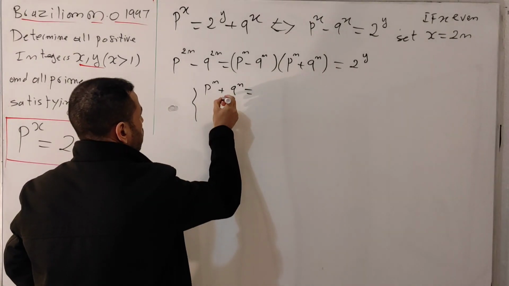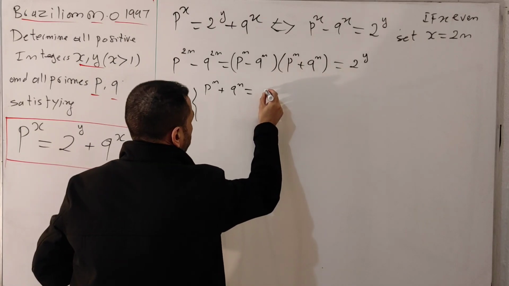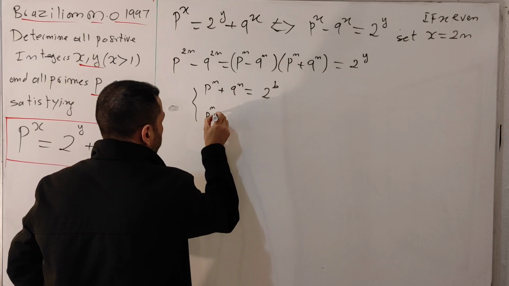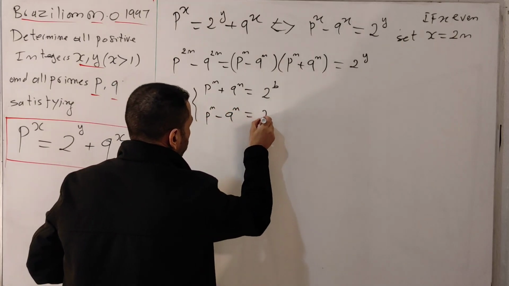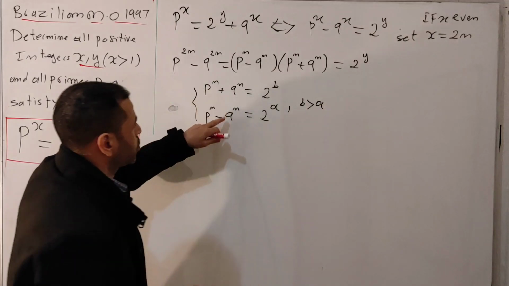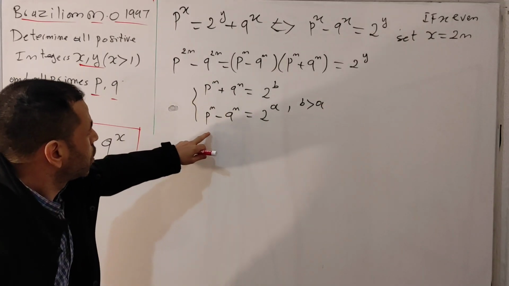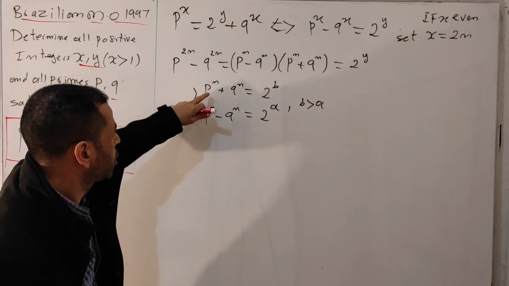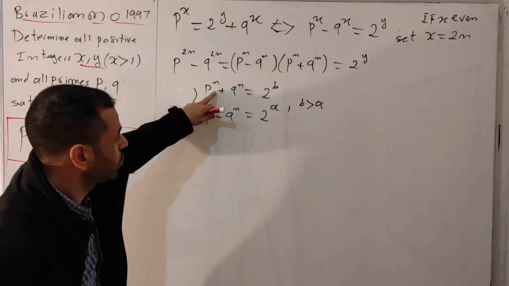So we'll have p to the n plus q to the n equals 2 to the b, and we'll have p to the n minus q to the n equals 2 to the a. Okay, where b is strictly superior to a, because this term is bigger than this term. Okay, so now I'm going to subtract this equation from this equation in order to eliminate p to the n.